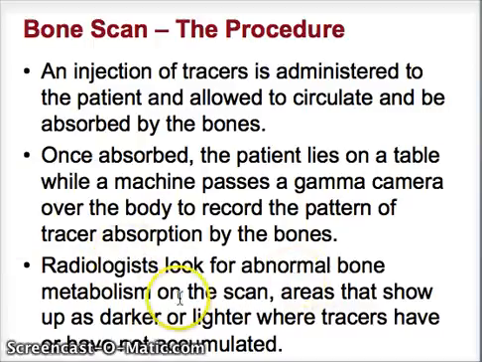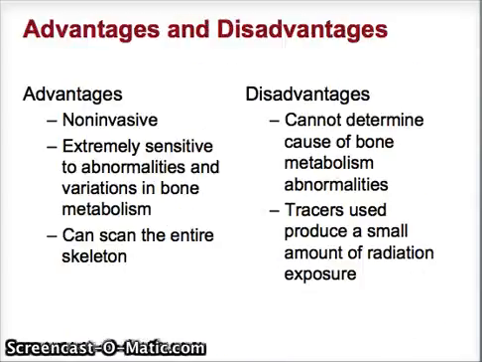And they look for abnormal bone metabolism, so you're looking for tumors, basically, or abnormal growth or anything like that. So you can get the whole skeleton at one time. You can't determine the cause or anything. You can just see that there's more metabolism, and those tracers have a small amount of radiation, so that's also a disadvantage.